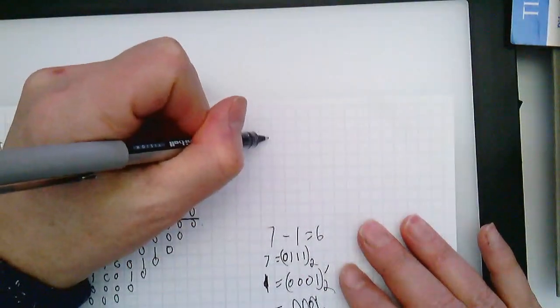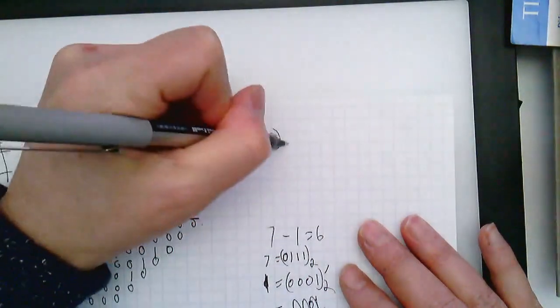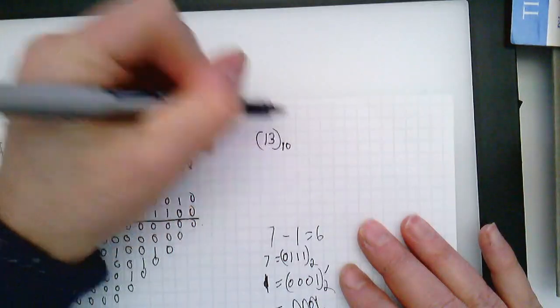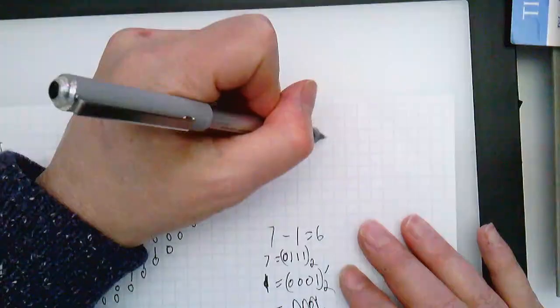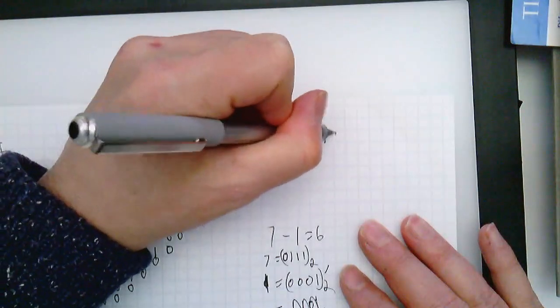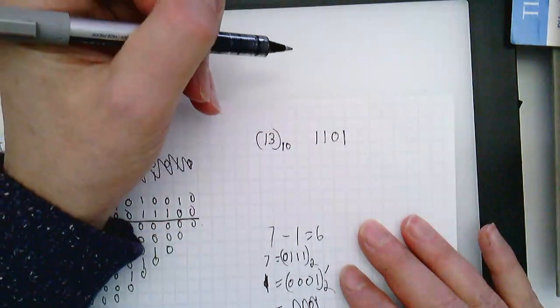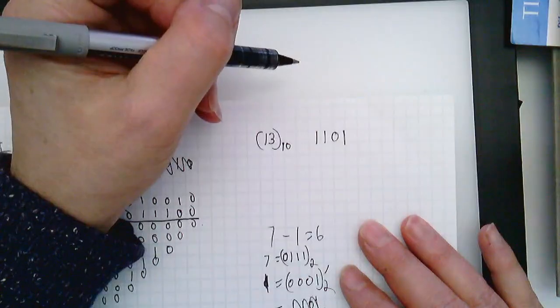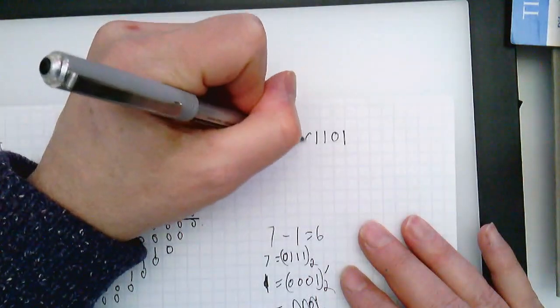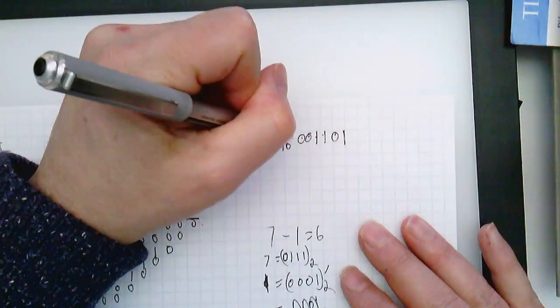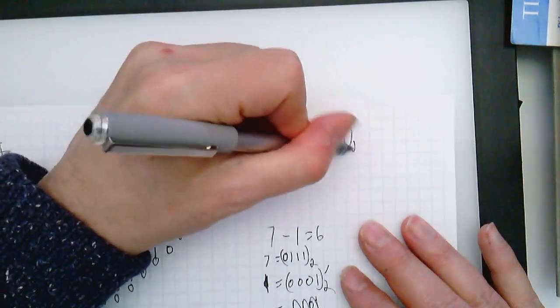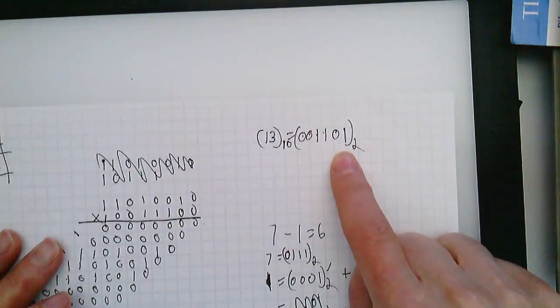The decimal number is 13, and we want binary. And he wants it to be 6-bit. 1, 2, 3, 4, 5, 6. There it is.